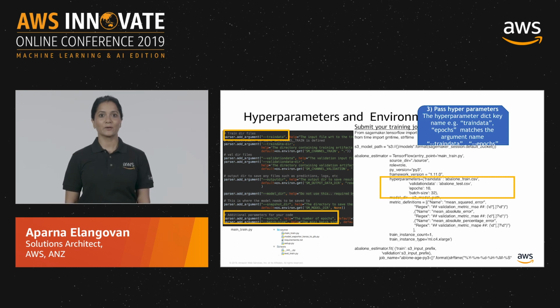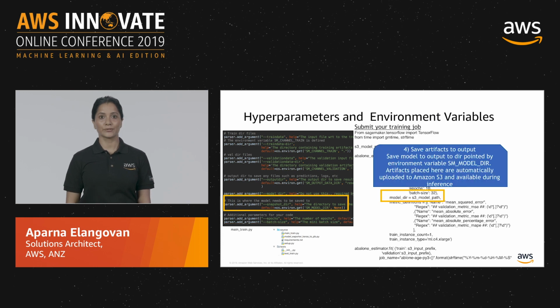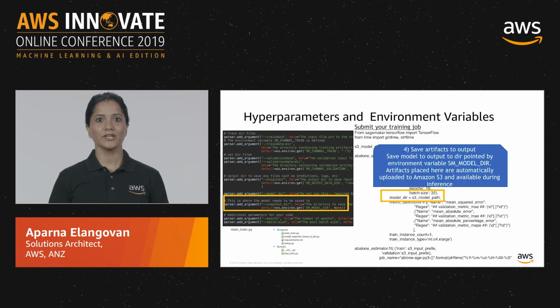Next, you save your model artifacts in your local file system so that when the training job completes, SageMaker automatically uploads them to S3. And this is how you do it. You save your model artifacts in the file system pointed to by the environment variable sm_model_dir, and in your code to submit your job, you specify the S3 path to upload your artifacts to.